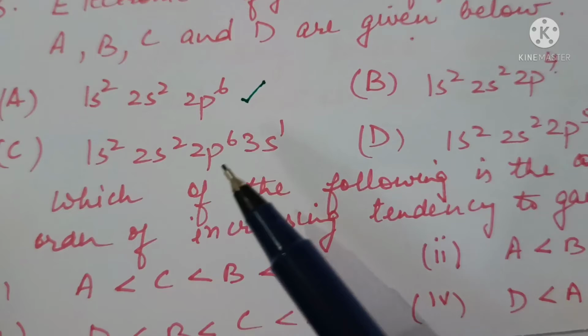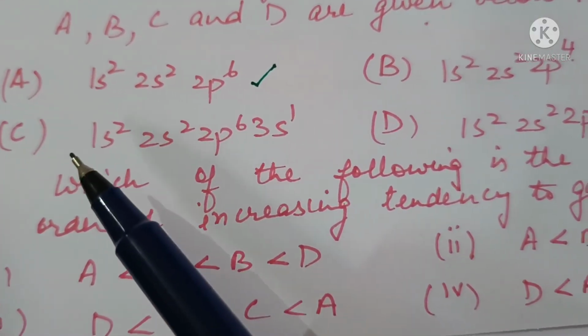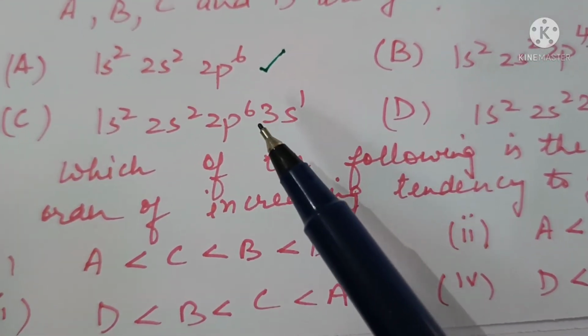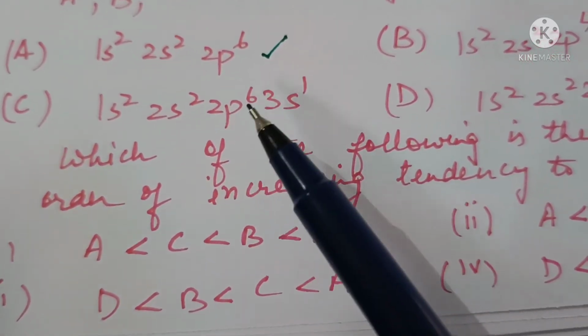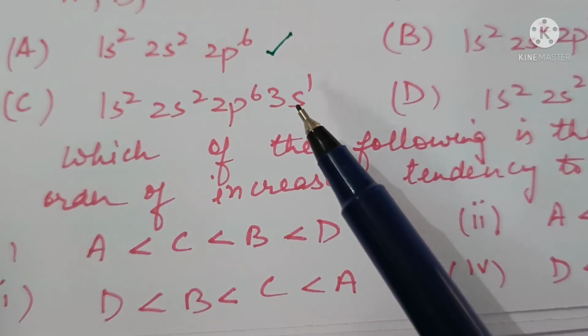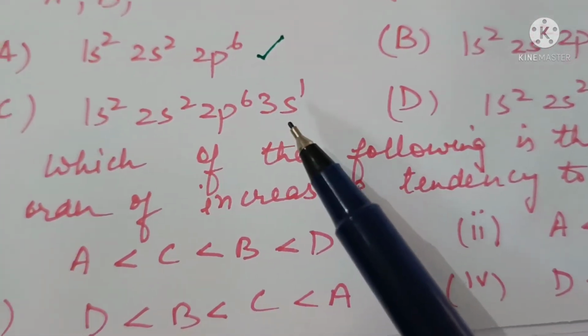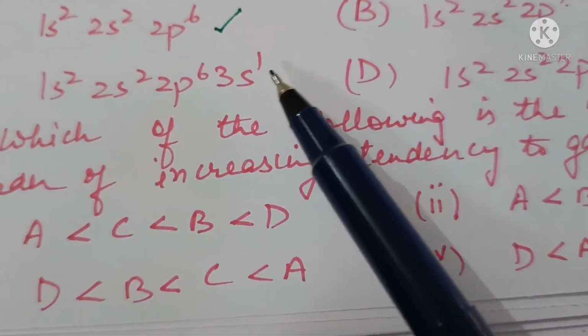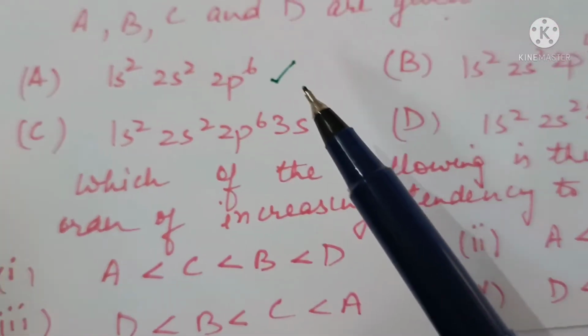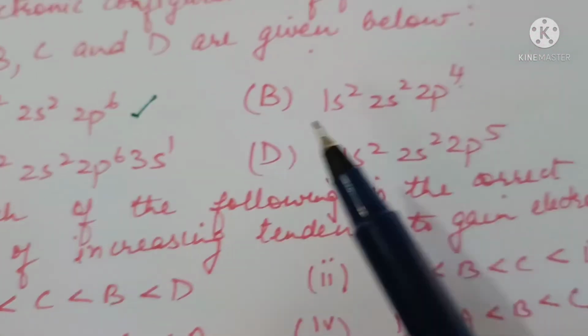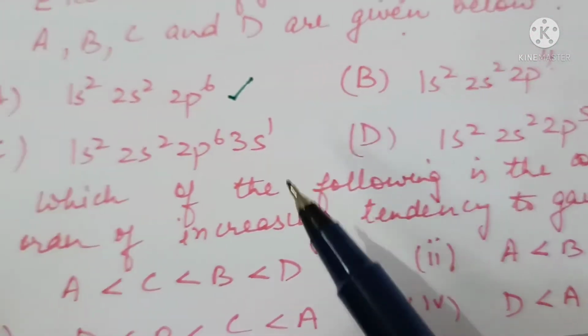Then after that, the element C has configuration as 2p6 3s1, so it has a tendency to give electron, and its tendency to accept electron in the 3s subshell will be less, so it has tendency lesser than these 2 elements.